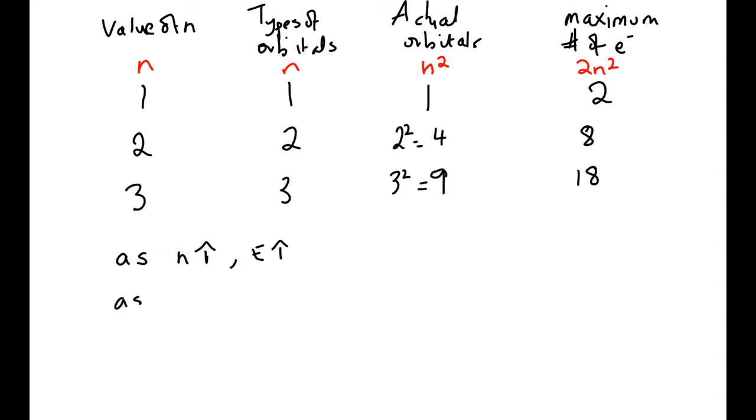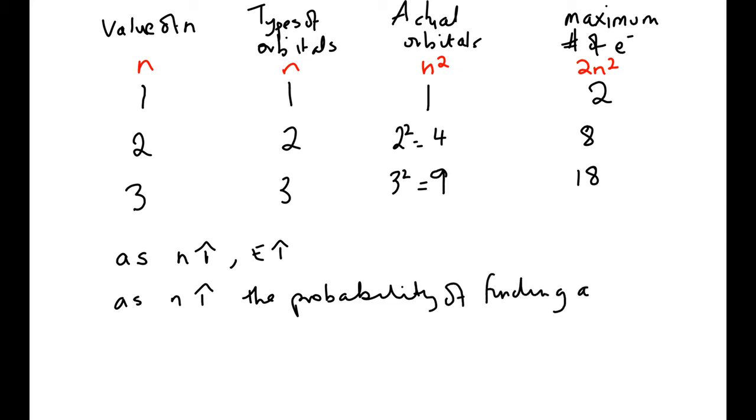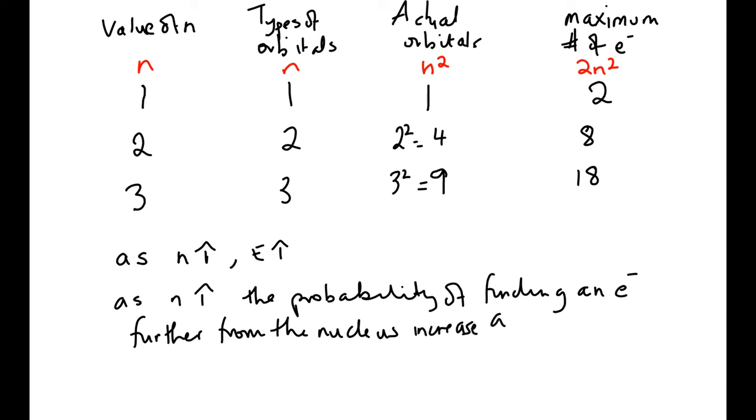As n increases, the probability of finding an electron further from the nucleus increases as the boundary of that orbital is further out.